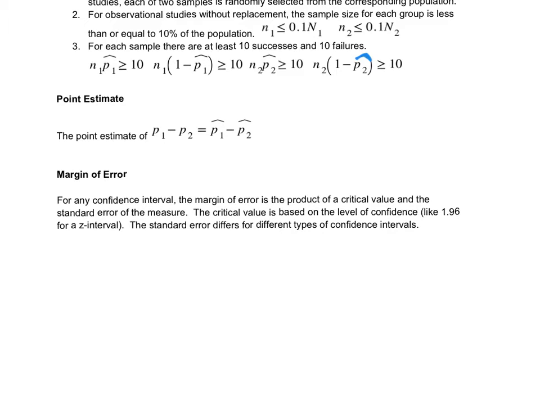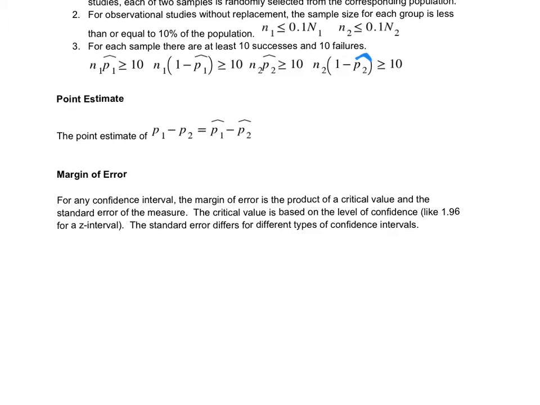Well, if we take two samples and we find the difference between those two samples, that is our best guess at the truth. So similar to the population parameter being equal to the sample statistic, the difference between the two population parameters we're going to say is equal to the difference between the two sample statistics, and that is stated there in symbols.